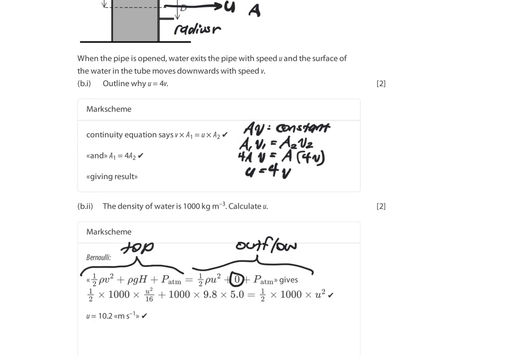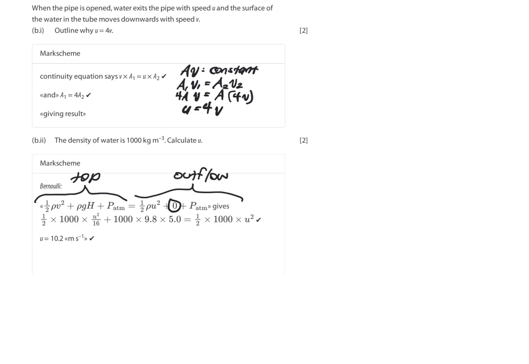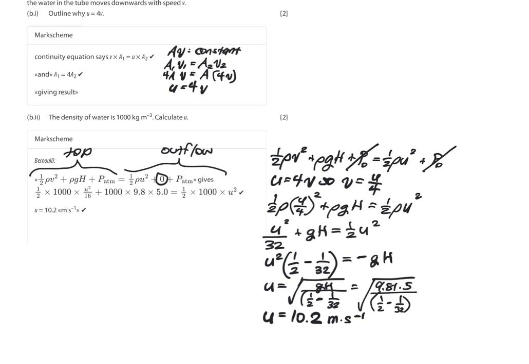I don't love the way the IB does math, so I want to redo this. The atmospheric pressure is on both sides of the equation, so we cancel that out. Of course, the atmospheric pressure is on both sides because both the top of the pipe and the outflow are open to the atmosphere. But the math checks out.